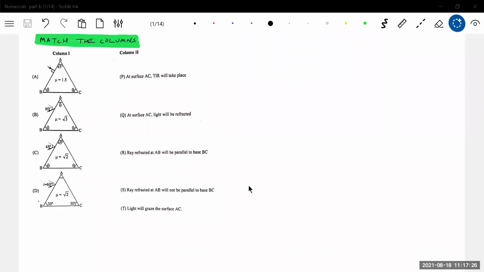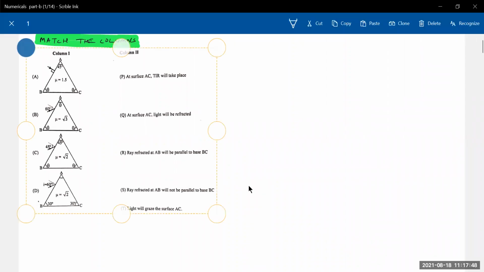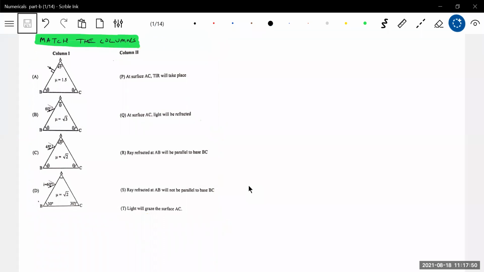Read the question. We have to match the columns. Okay, we'll take this one. This is the isosceles prism. If we don't know this angle theta, the ray is incident normally, so it will come and strike here.